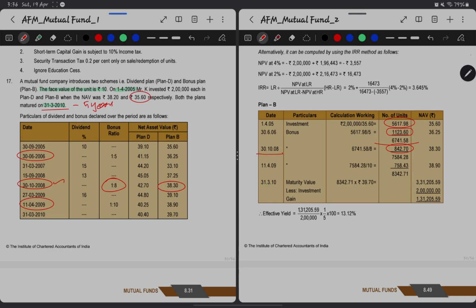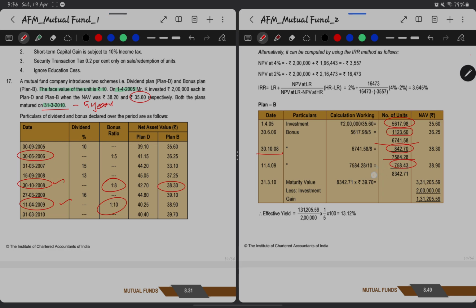And then the next bonus was issued on 11/4/2009. The balance units is 7,584, which is in the ratio of 1:10. So divided by 10 multiplied by 1 is 758.43.